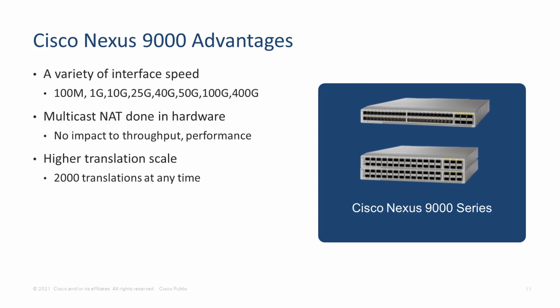And from a scale perspective, the Nexus 9K can support up to 2000 translations at any given point in time. And finally, you're not leveraging the Nexus 9K for just this one functionality, right? Along with the fact that it can route unicast flows, multicast flows, and onboard several other applications to run on this box, this feature allows you to use the same switch for this new functionality. So you get better return for your investment.